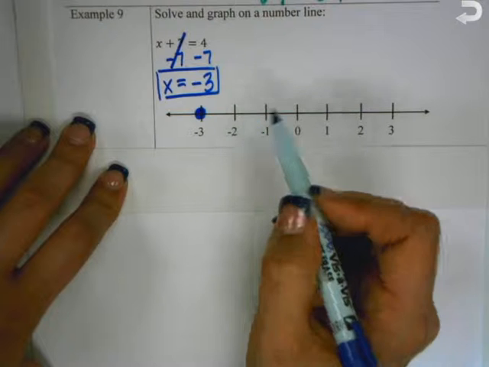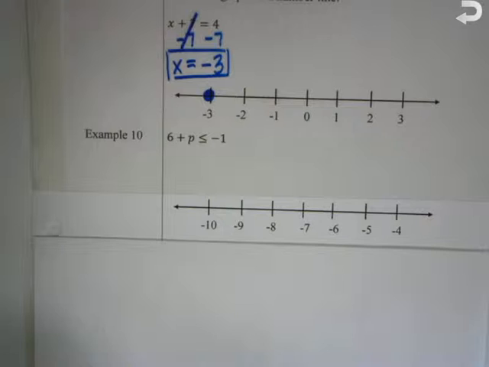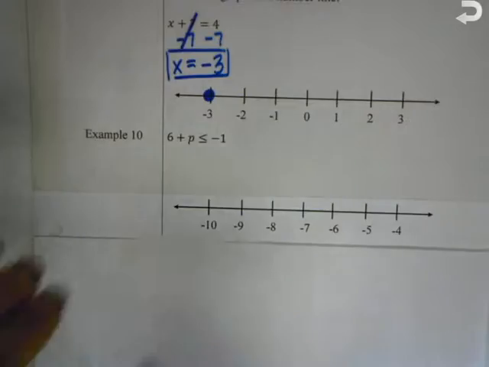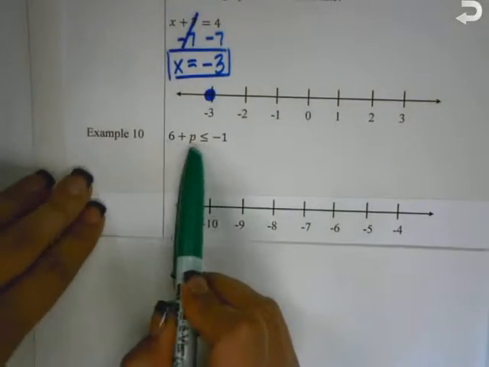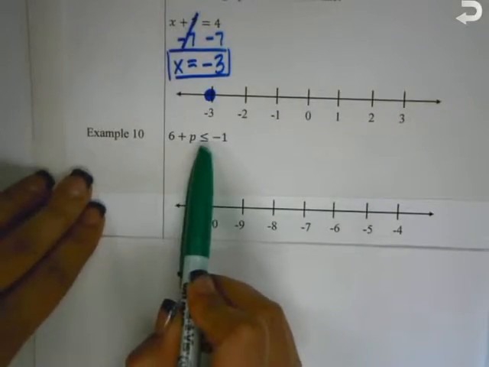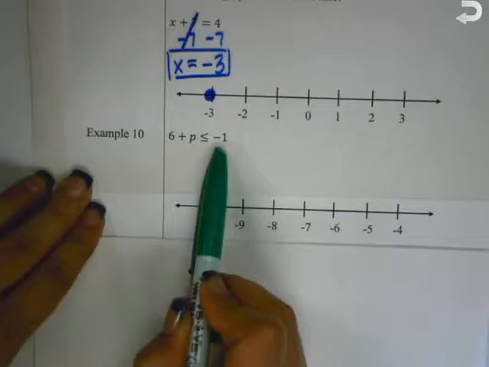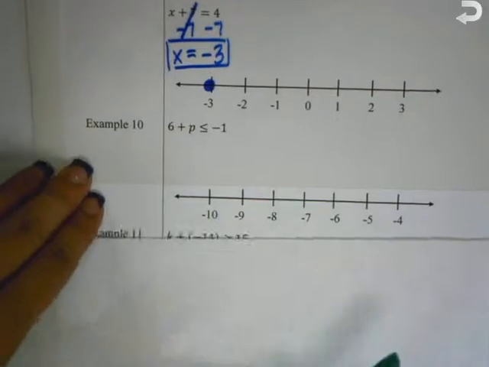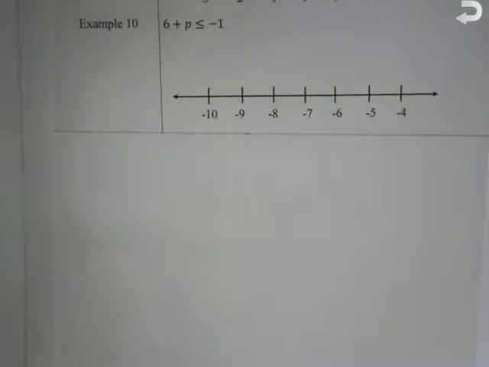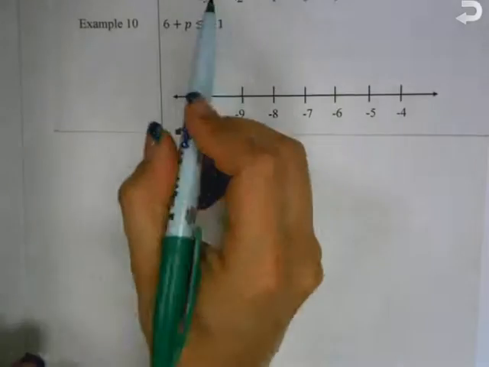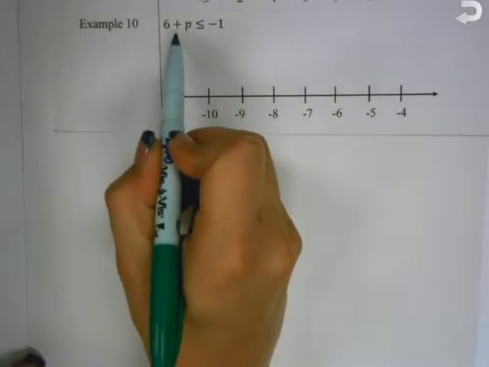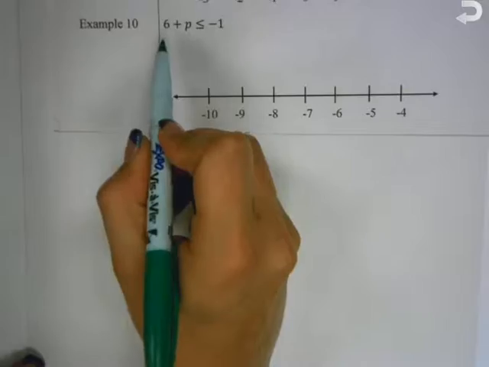Alright, so example 10. 6 plus p less than or equal to negative 1. I want to get p by itself. So I'm going to subtract 6 from both sides because this is a positive 6.